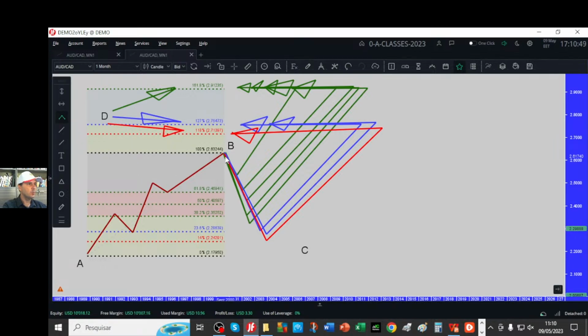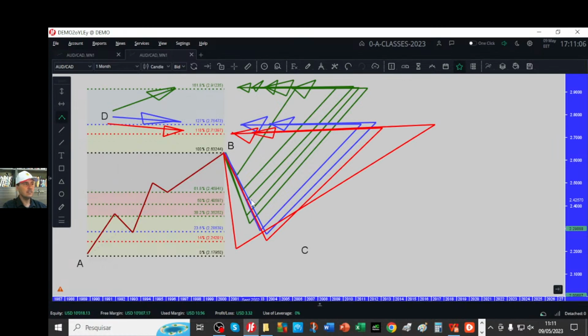Okay, when the market breaks the red level, the 14%, but it doesn't touch the black, the appropriate extension is still the red.